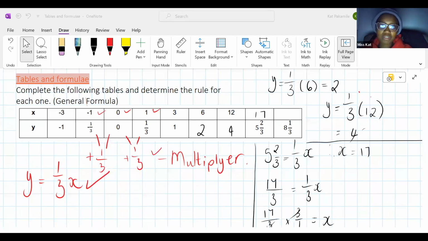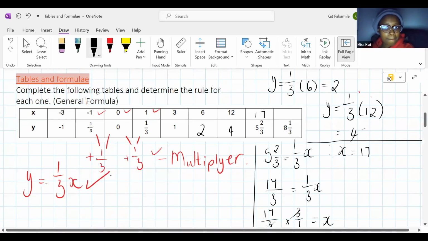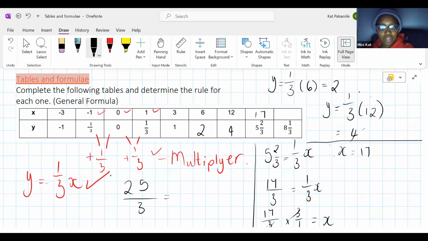Okay, I'm going to explain the 25 just now. Yes, hi, ma'am. So we're going to swap y with 25/3, which equals 1/3 x. There we go. 25/3 equals a third x. Very nice.